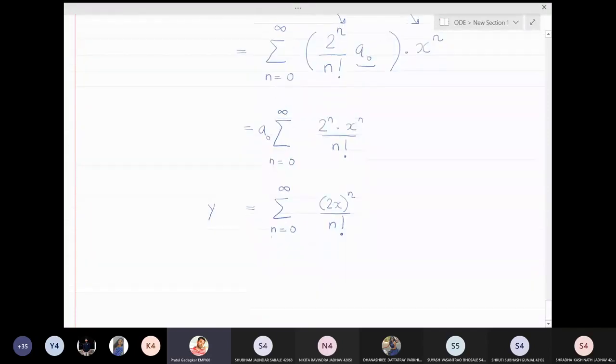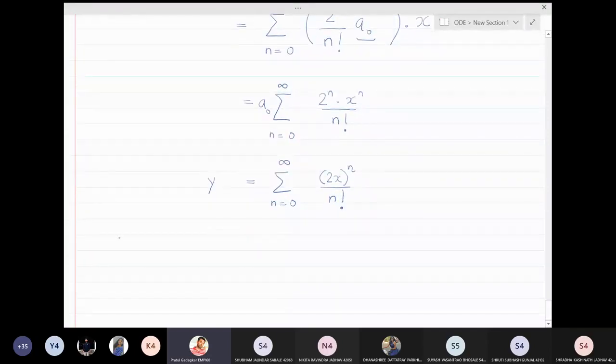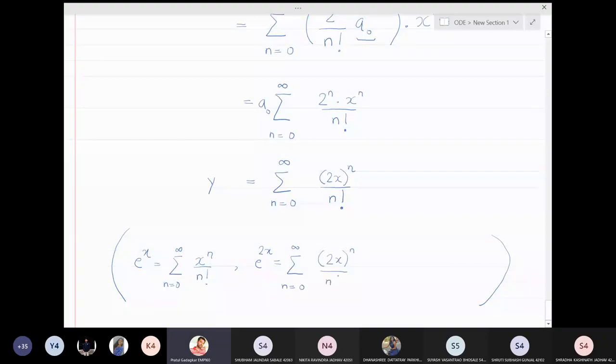Now, in the first part of this lecture, I have already told you about the Taylor series of e raised to x. What was the Taylor series of e raised to x? It was x^n upon n factorial, n going from 0 to infinity. So what is the Taylor series for e raised to 2x? Just replace the variable x by 2x. It will become the sum from n equal to 0 to infinity of (2x)^n upon n factorial, because x is just replaced by 2x.